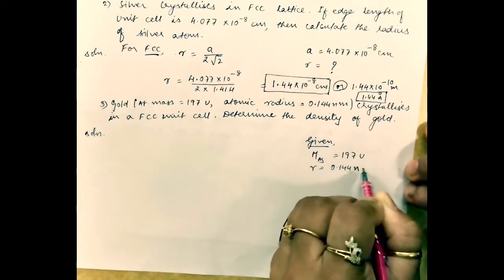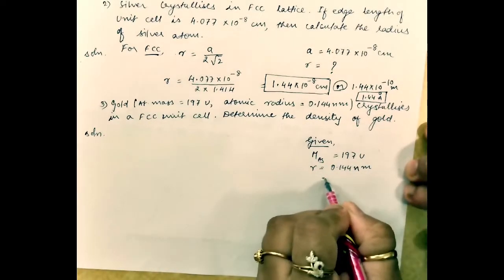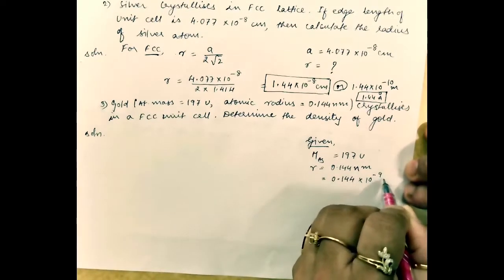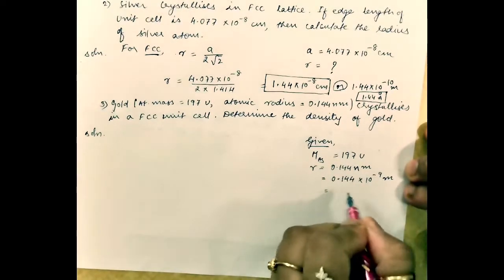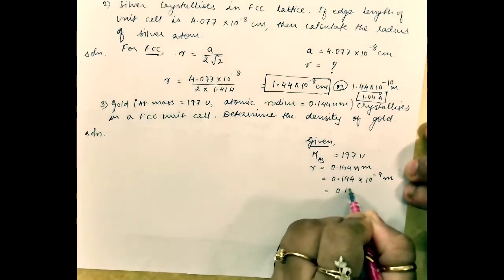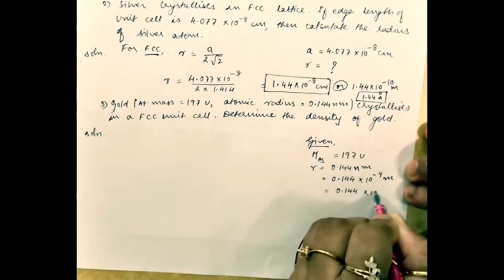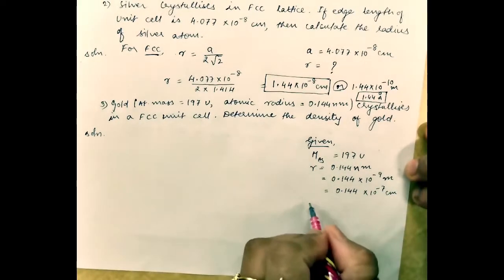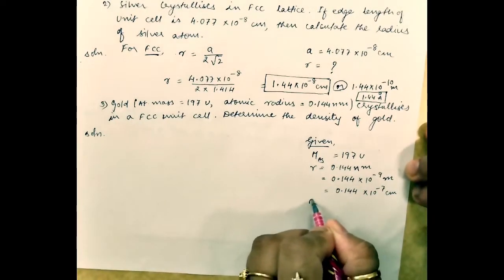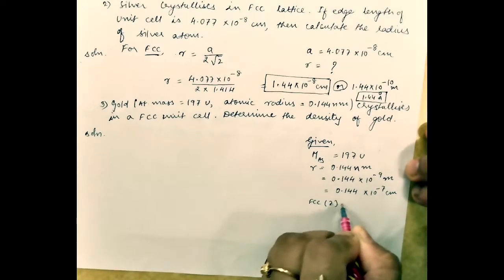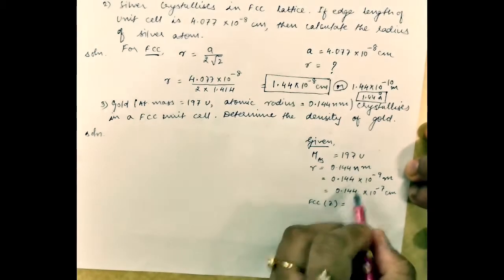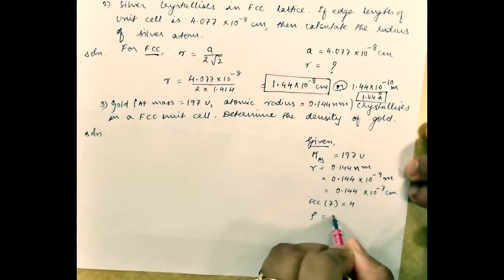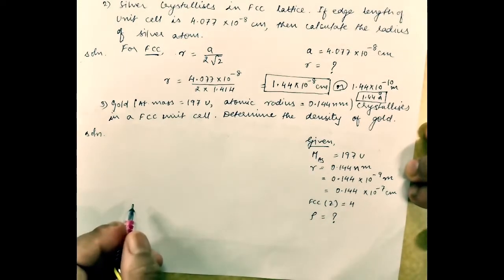It's nanometer, please take note of it. Nano is 10 to the power of minus 9 meters, or you can write it as 0.144 into 10 to the power of minus 7 centimeter. And it is FCC, given to you. So for FCC, Z you know is 4.